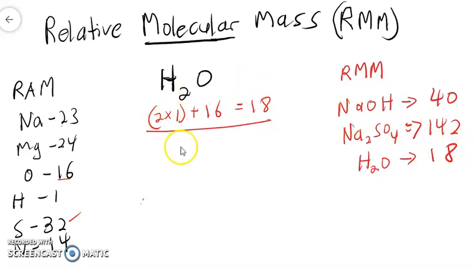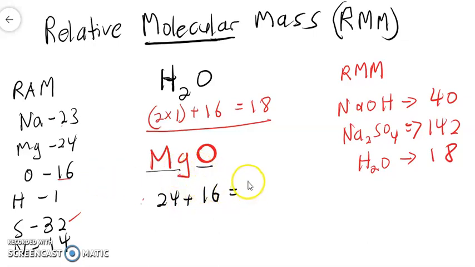Now let us make it magnesium oxide. We just have to calculate magnesium, which is 24. We add oxygen, which is 16, and you are getting 40. So magnesium oxide is 40.